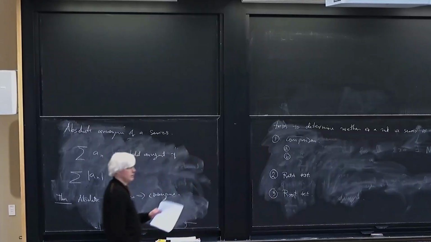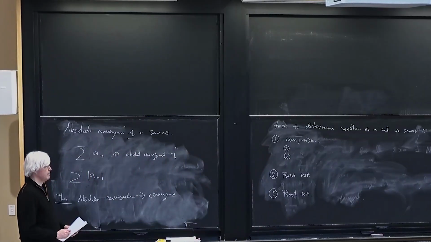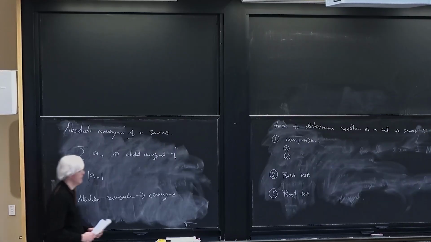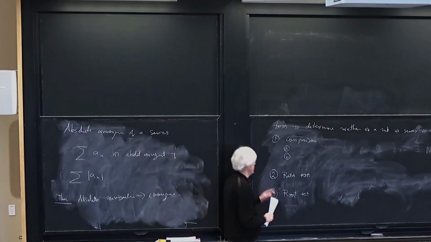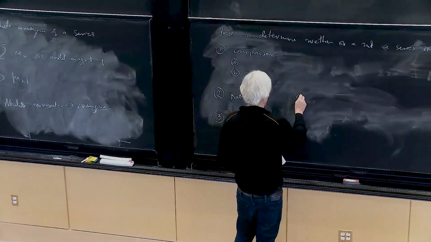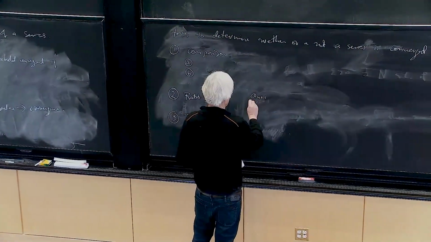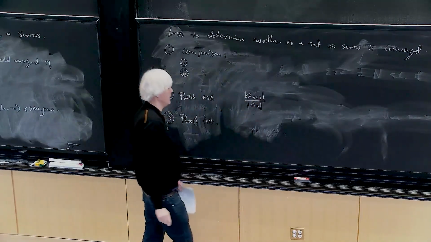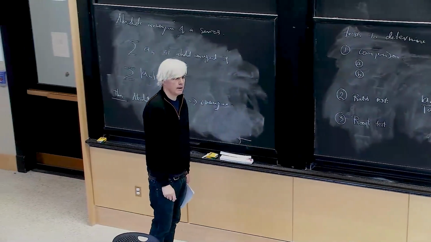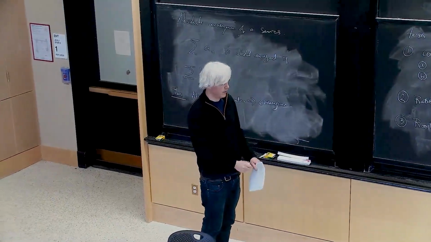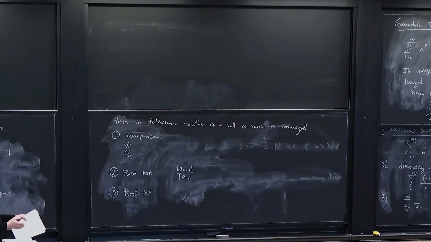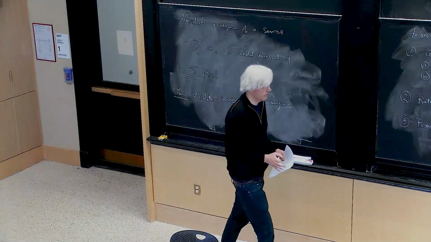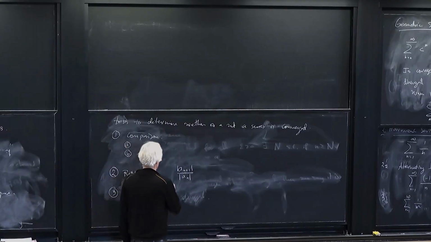The ratio test and the root test are both offspring of the geometric series. Let's talk about these first. The ratio test is when you look at the ratio a_{n+1} over a_n, so you're implicitly assuming that an does not vanish, is not 0, so you can form this ratio.